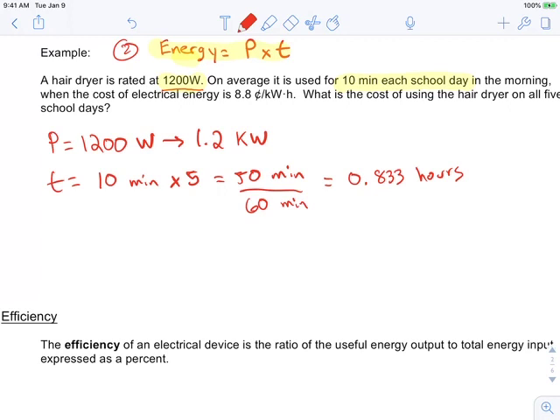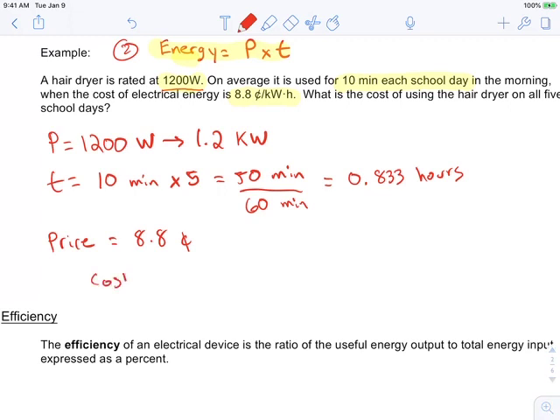From here, the last thing we're given is our price. It says when the cost of electrical energy is 8.8 cents. So that's the last variable we're given. Our price is 8.8 cents. We have everything we need. We can use our formula.